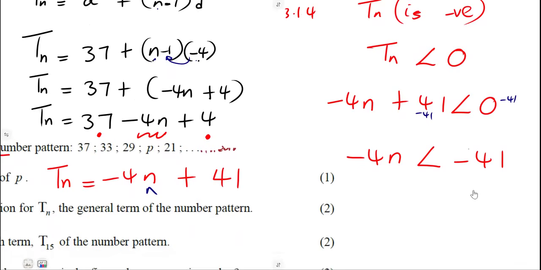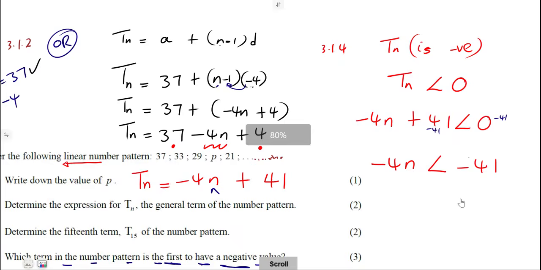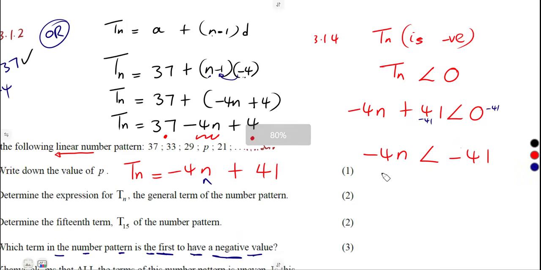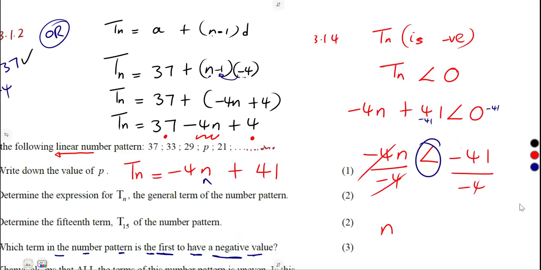We can divide by what? By -4, on both sides. Remember, the moment you divide by a negative, the inequality sign reverses. It was a less than, it's going to be what? Greater than. 41 divided by 4 is going to give us something like 10,25. So this is an inequality.